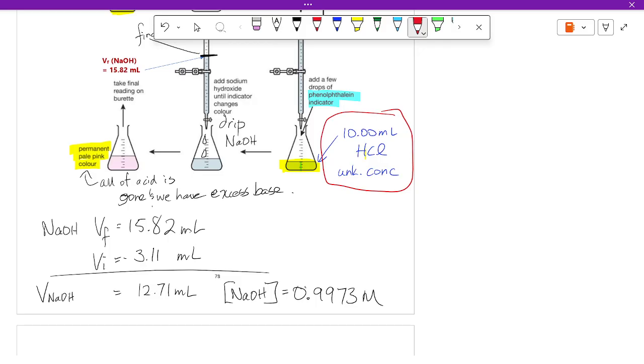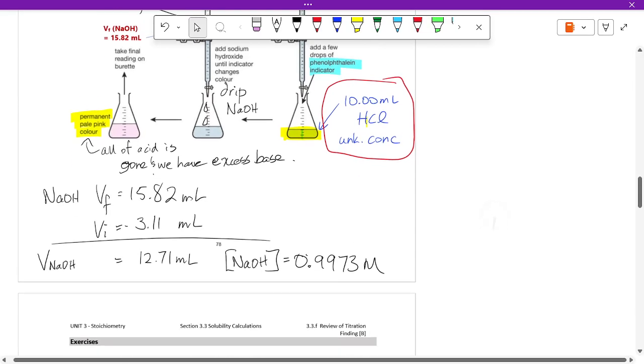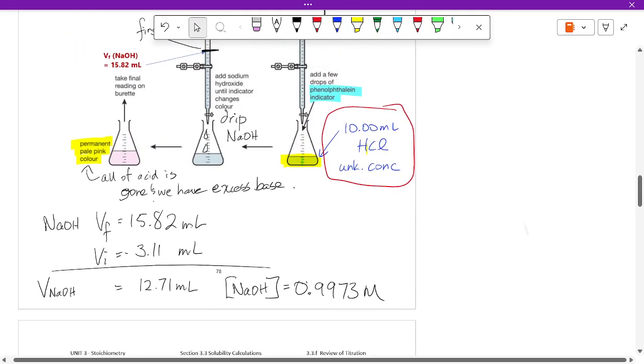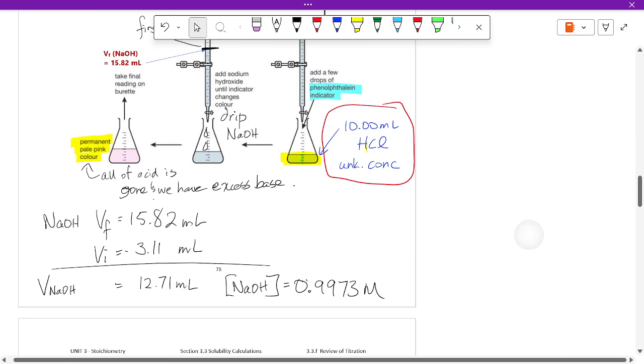And is this problem any different than the one we did before? The only thing that's going to be different is that the stoichiometry is actually easier because HCl and NaOH react 1 to 1, okay? And that's basically all there is to it.